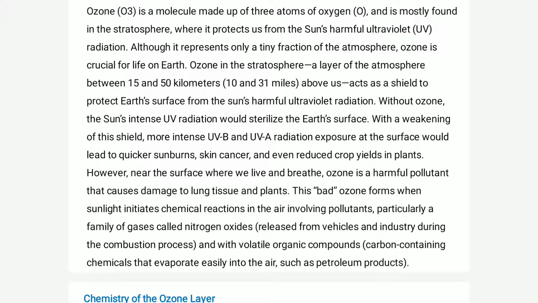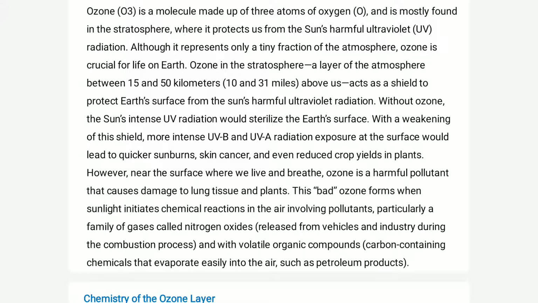However, near the surface where we live and breathe, ozone is a harmful pollutant, that is tropospheric ozone, that causes damage to lungs, tissues and plants.